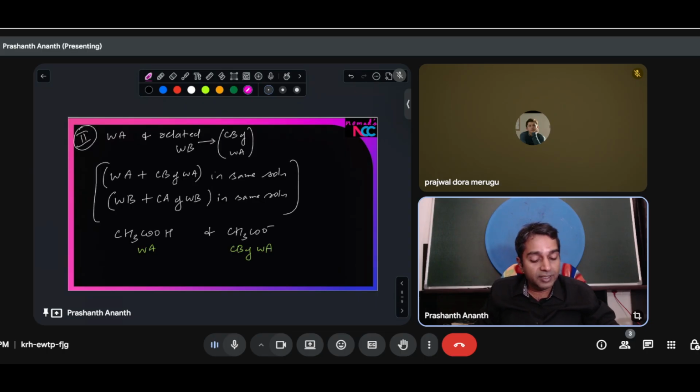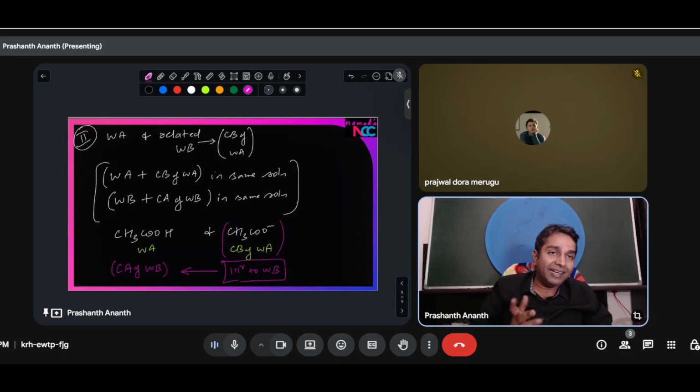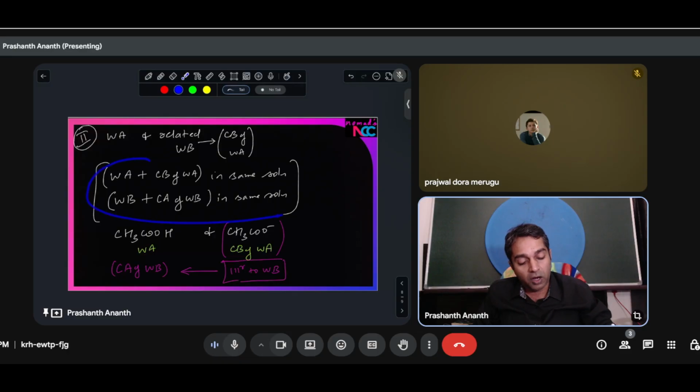But if I consider this fellow as something similar to a weak base, then CH3COOH automatically becomes the conjugate acid of the weak base. So effectively, these two are not different cases, they are one and the same. But we will derive two different formulas and then we'll discuss how they are connected to each other so that you have perfect mathematical clarity that they are actually the same.